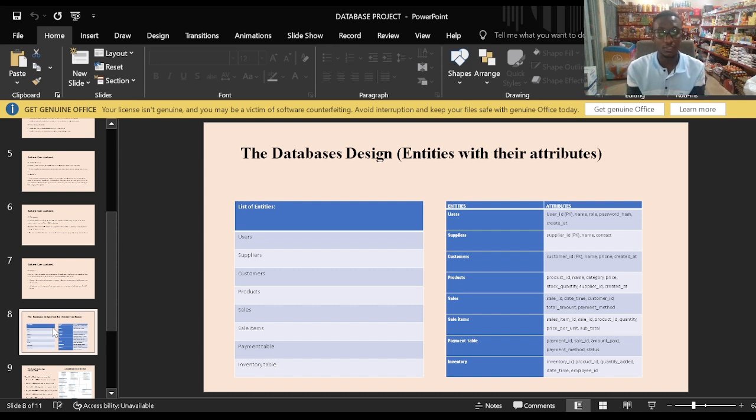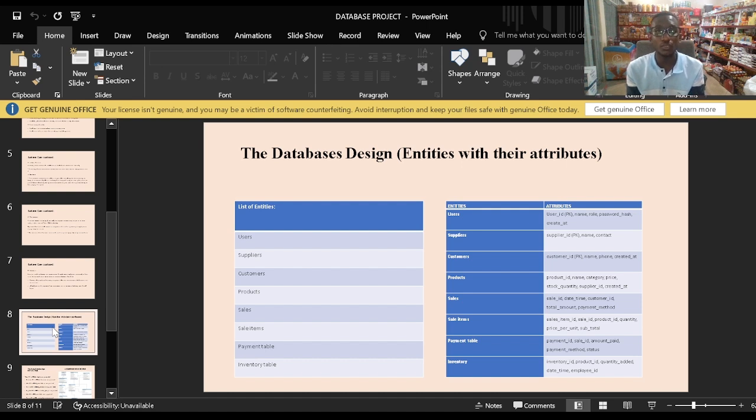List of entities. These are my tables. Obviously, to make a fully complete database system, you must have very many tables. But since this is just a project for educational purposes, I just used 8 tables, which are also essential.